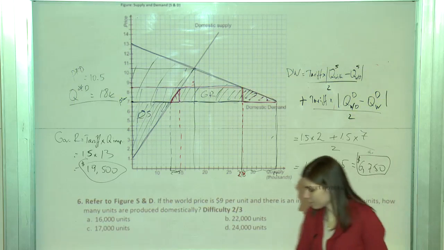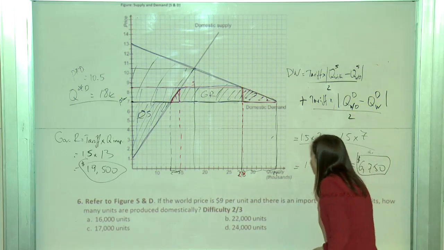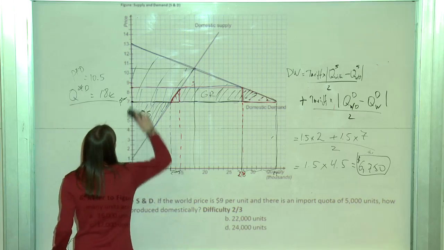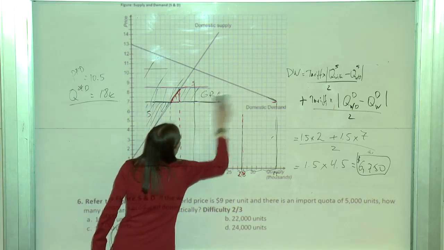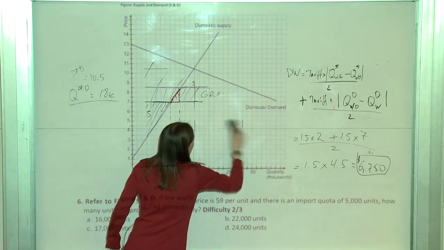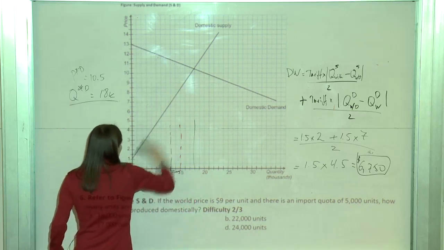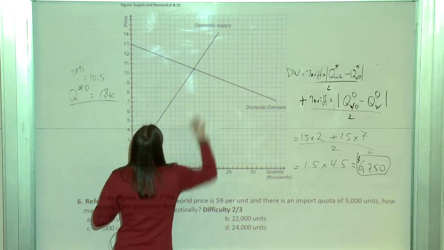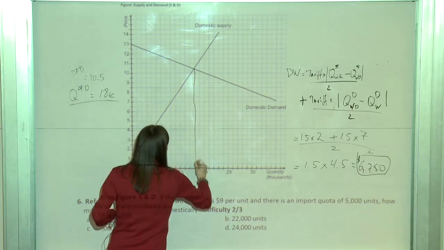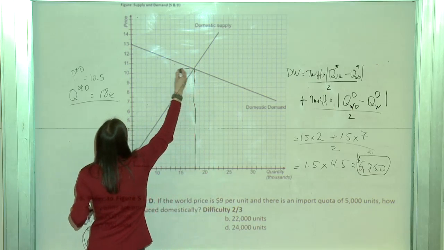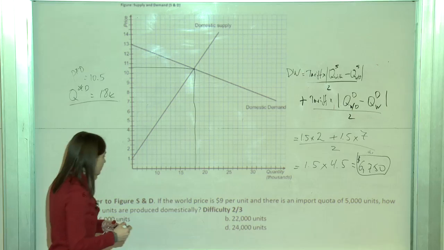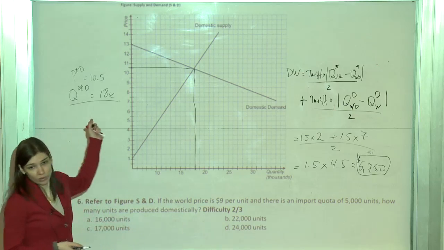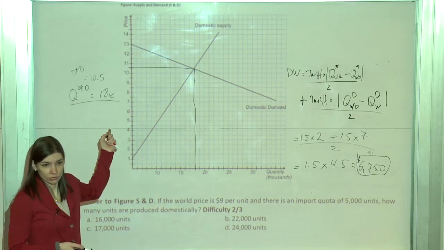All right. So now we have a different scenario. Let's clear this. Again, so now we have the world price being 9, still below the domestic, so we're going to import.